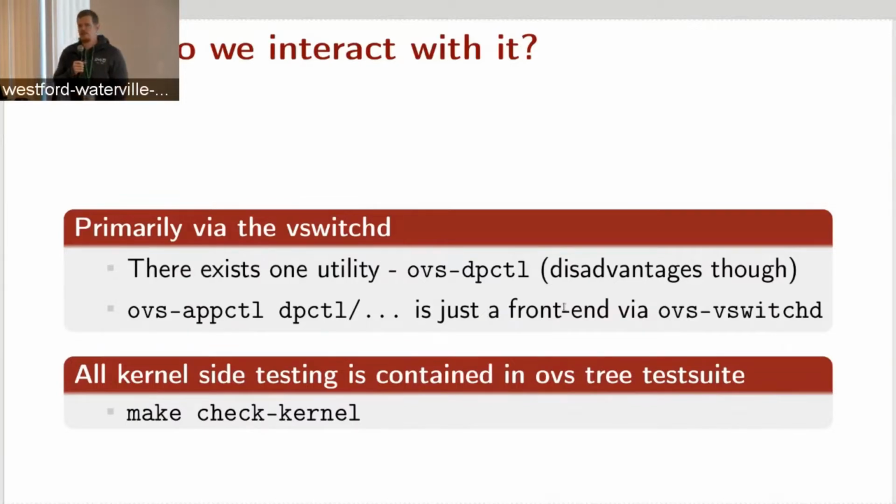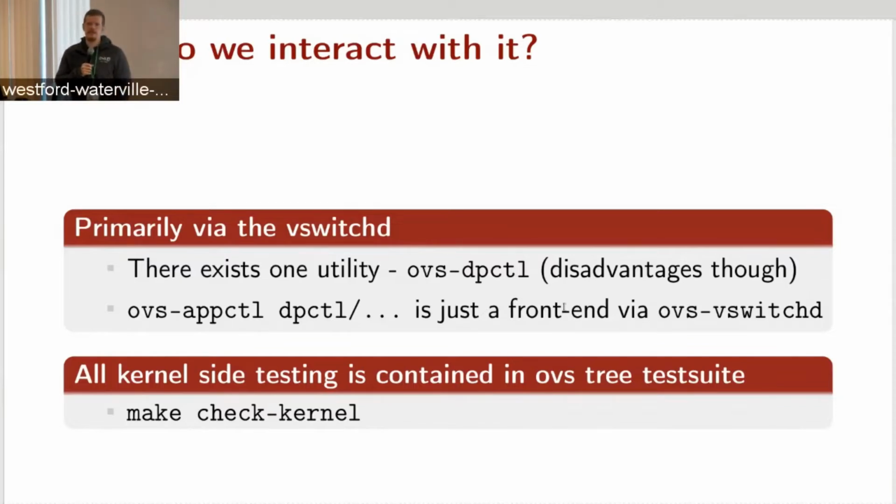This can cause problems, so we don't recommend using this utility in conjunction with ovs-vswitchd. Instead, we would ask people to interact with it through ovs-vswitchd, either by ovs-vswitchd just doing its job, processing upcalls and handling flows, or, if you need to interact with the module directly, ovs-appctl dpctl, which is just a front end through ovs-vswitchd.